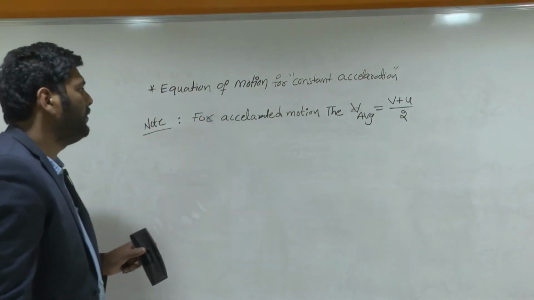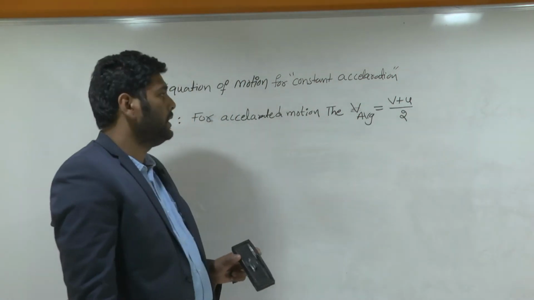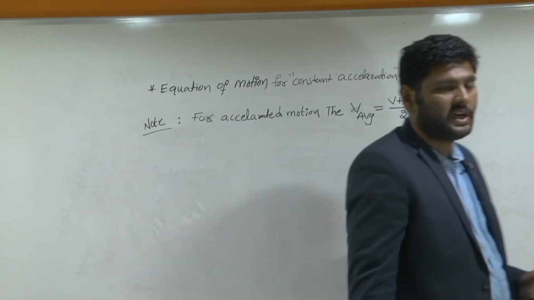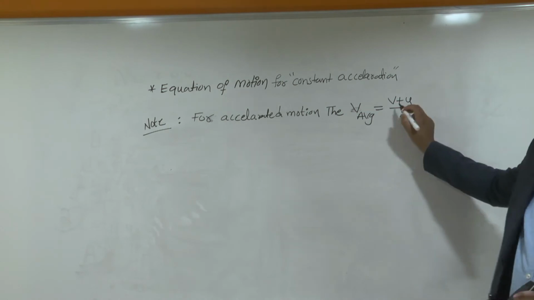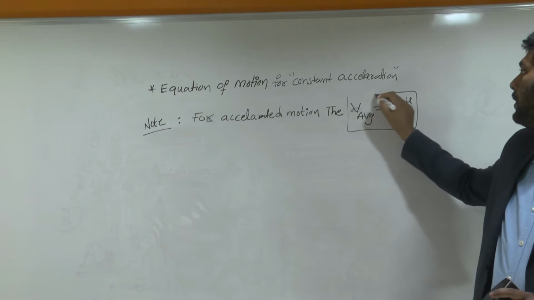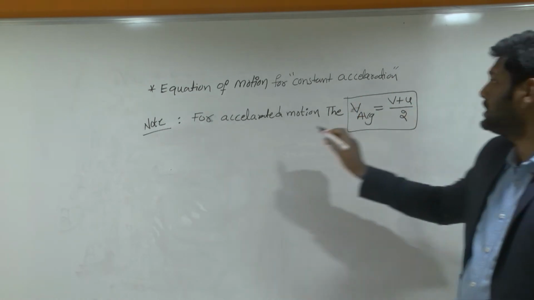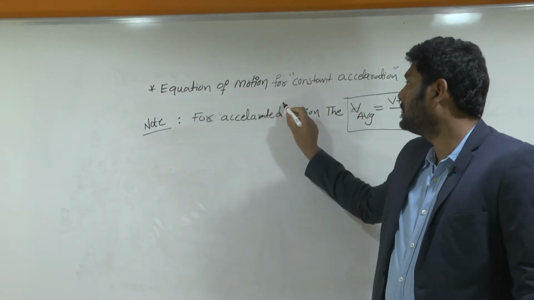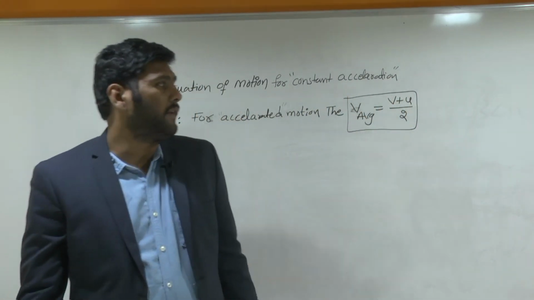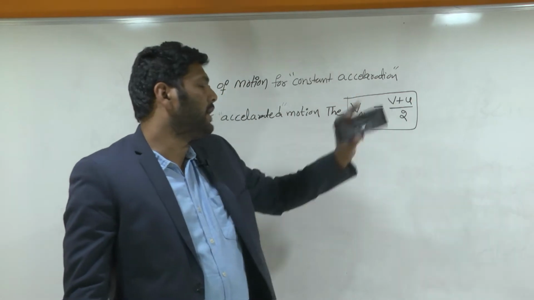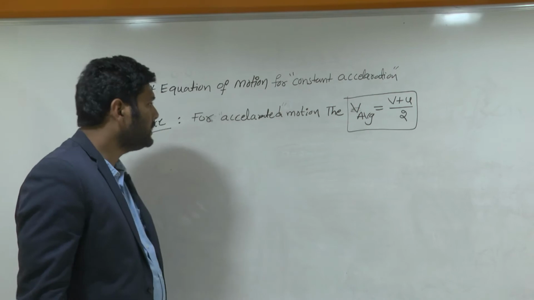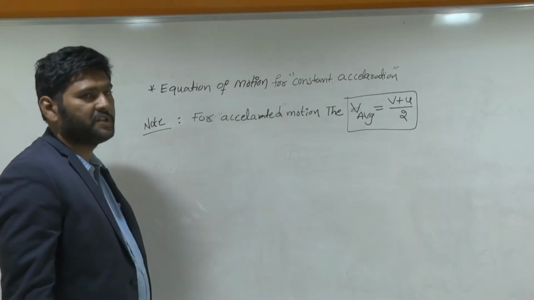What is the note here? For accelerated motion, the average velocity or average speed when it is moving in a straight line would be (v plus u) by 2. It is a very important point. For what kind of motion is it? For accelerated motion. Is it clear?